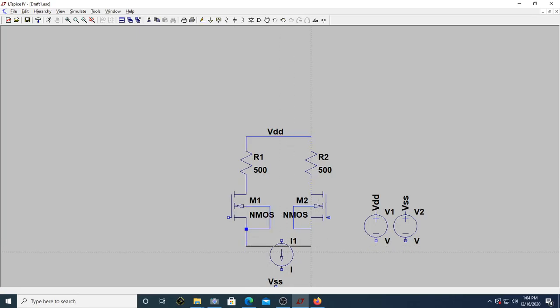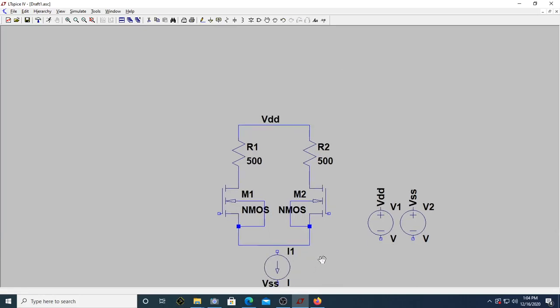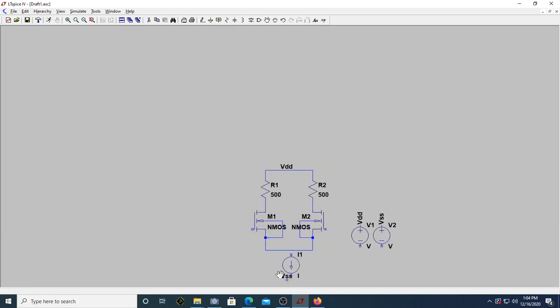Let us pull down the current source. This is fine. Let us take this down now. Let me connect it here. This is VSS. Let me connect the ground to this.